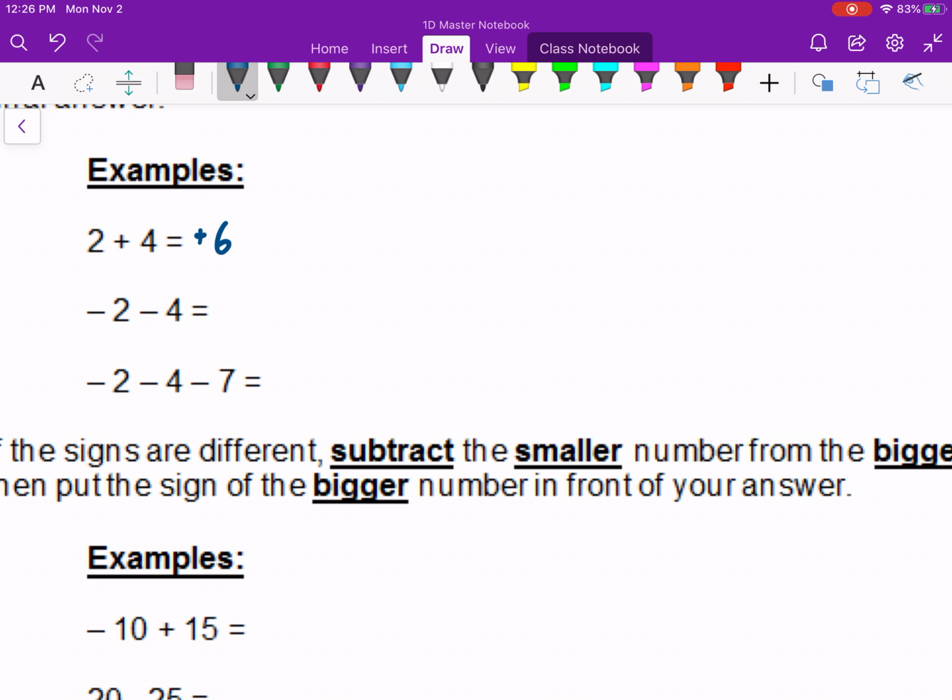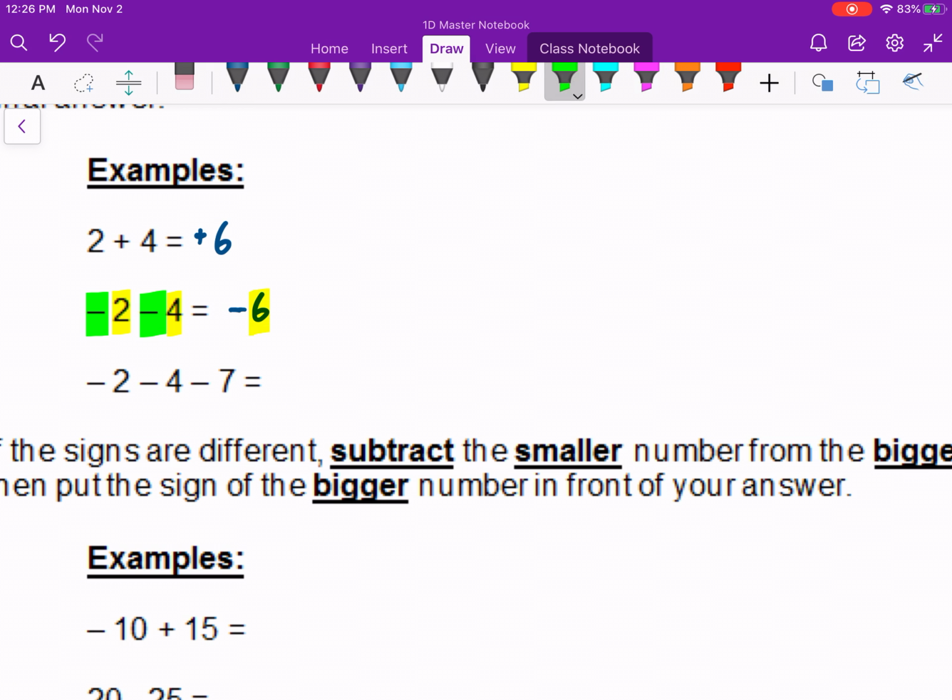In the next one below it, they're both negative. Let's ignore the negative signs for now, and again we know that 2 plus 4 is 6. If we focus on the 2 plus 4 part, it's still 6, of course, but if they're both negative, then we can just put that same sign in front.